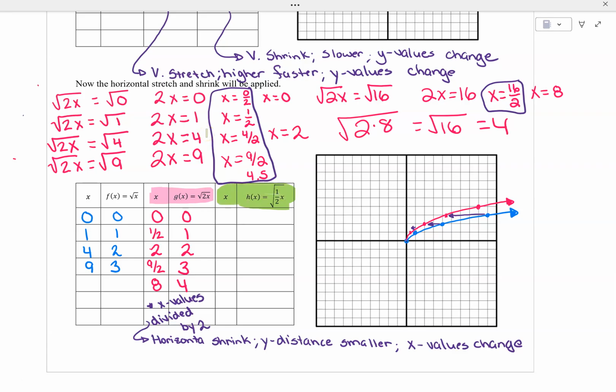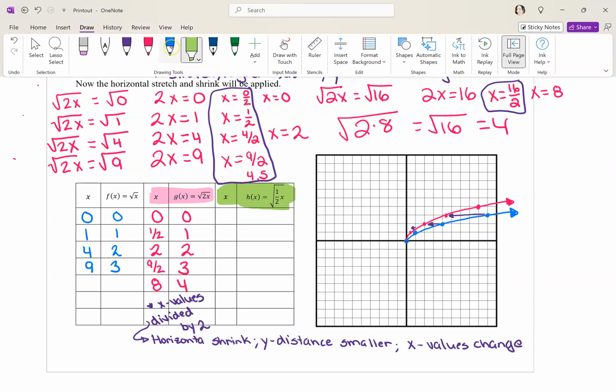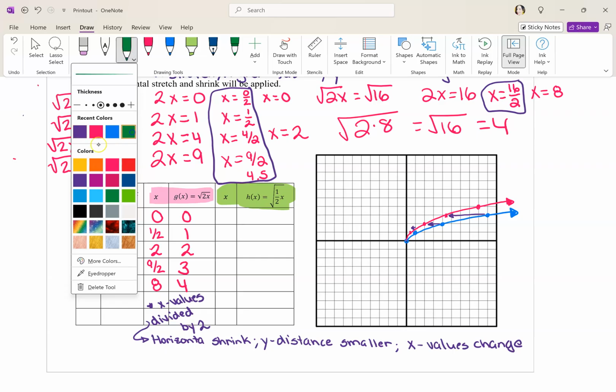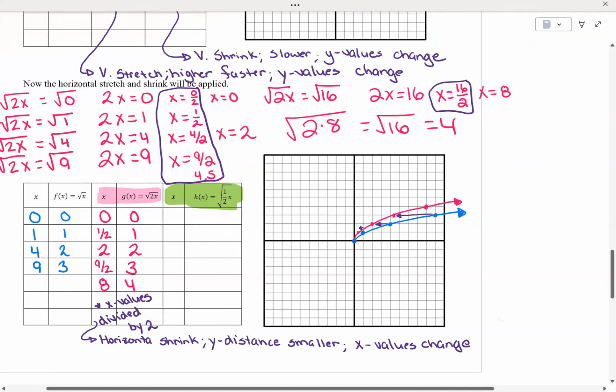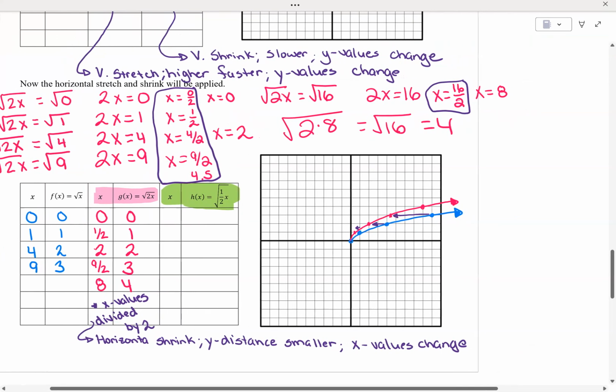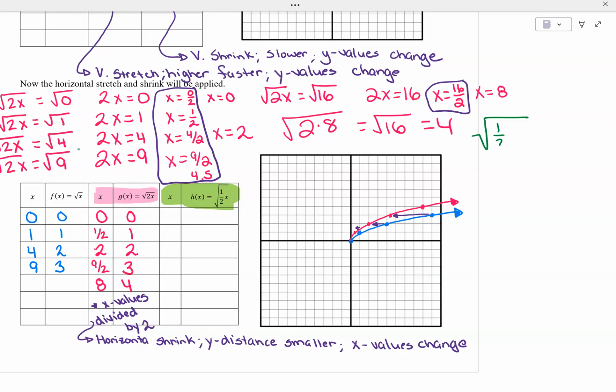So let's go look at this one. Okay, and I'm going to have to move this just a little bit so I can show a little bit more work. Okay, so we're going to do the same exact thing. I guess I'll come along the side. If I have the square root of 1/2 x and I need that to be the square root of 0, that means what does x have to be so that I can get 0?